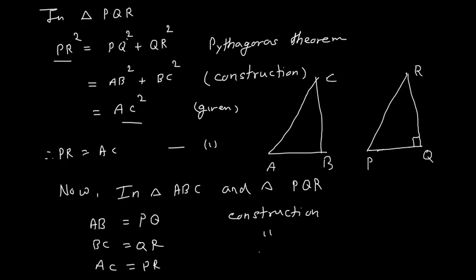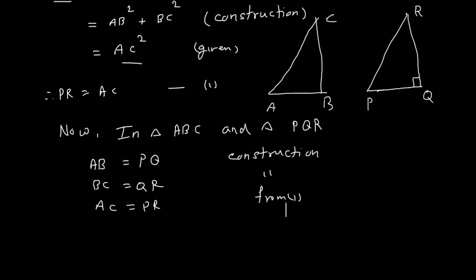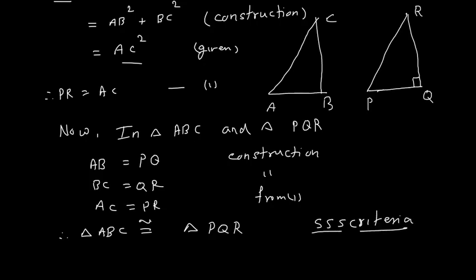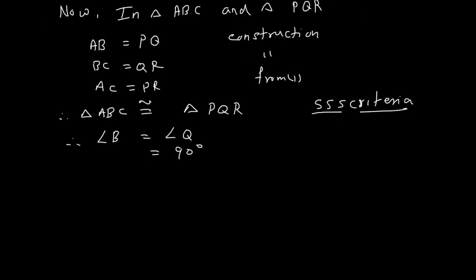This is from equation 1. So therefore this triangle ABC is now congruent to triangle PQR by side criteria, right? By side criteria. Therefore angle B will be equal to angle Q, which is 90 degrees. We know that angle Q is 90 degrees, therefore angle B is 90 degrees, hence proved.